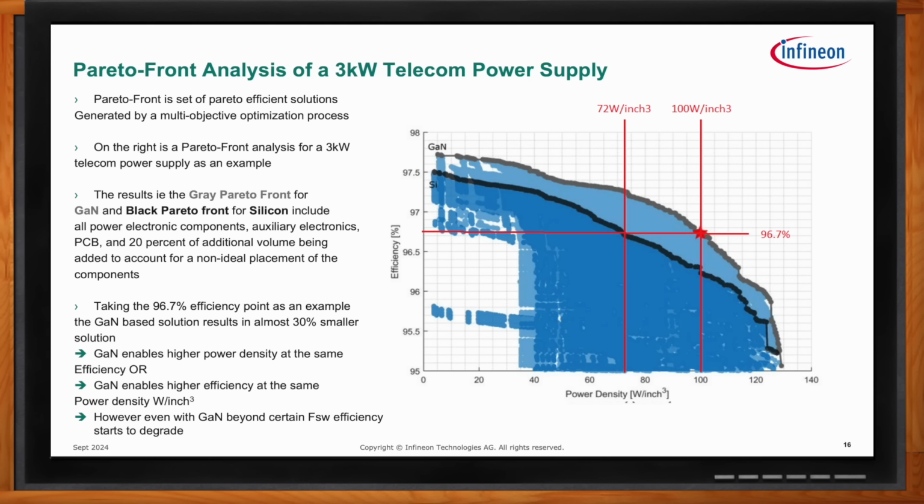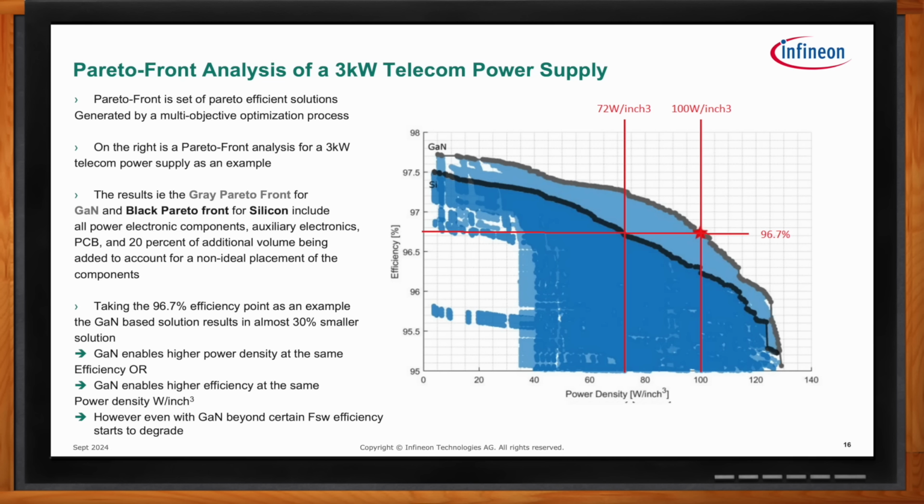The result for GaN is shown in the gray Pareto-front, and the Pareto-front for silicon is shown in black. This analysis includes all power electronic components, auxiliary electronics, PCB parasitics, and even a 20% additional volume added to account for non-ideal placement of components.